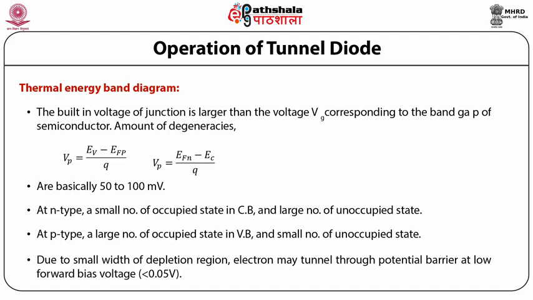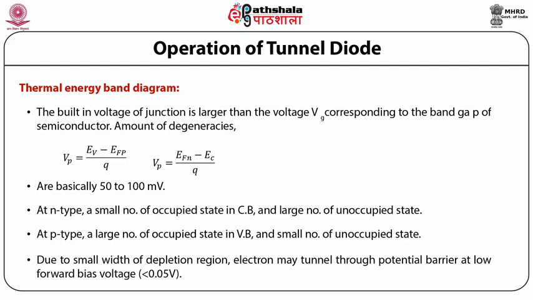So this figure shows the IV characteristics of the tunnel diode. Now here in forward bias, current increases to the maximum IP, that is the peak value of the current, which occurs at the voltage Vp, and then it decreases to a minimum, that is IV, the valley current at the voltage Vv, the valley voltage.